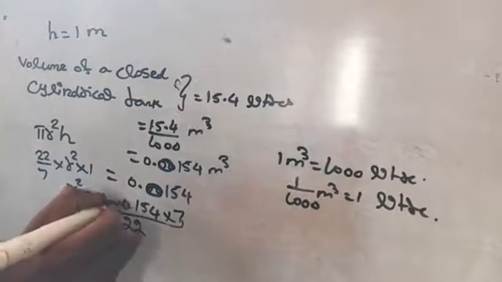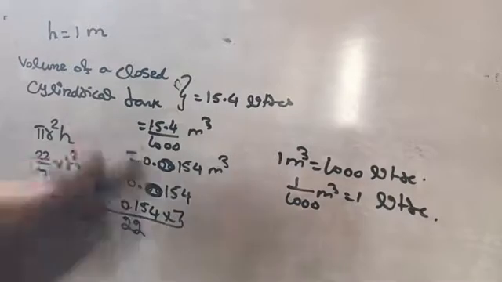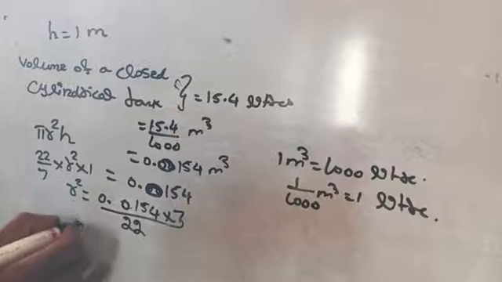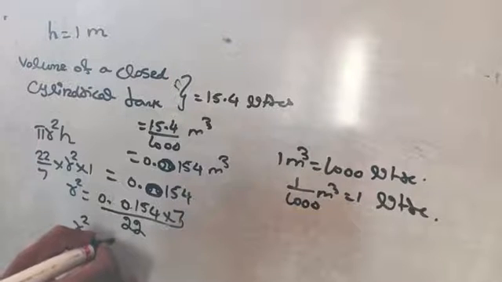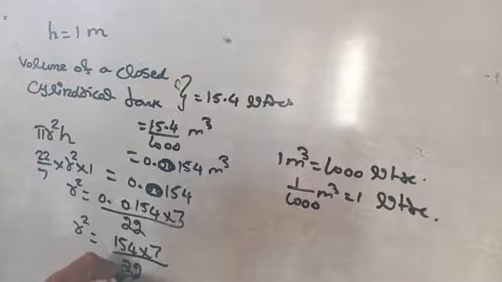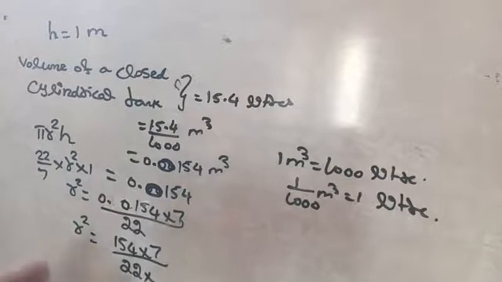Because here it is not coming a perfect square, that's why we are going back. So r square is equal to 154 into 7 by 22 into 100 into 100. Here I just multiplied by 10,000.